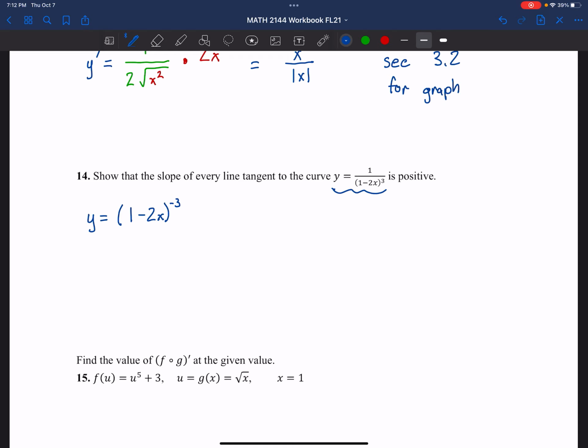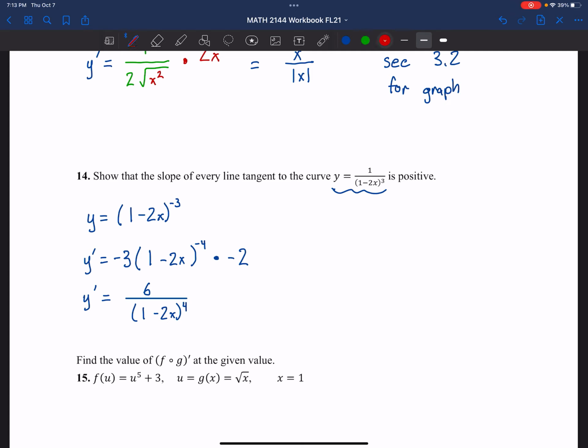So now, again, we could use the chain rule. The derivative of the outer, so the minus 3, comes down in front, times minus 2, that's 6. Now leave the inside alone, which is 1 minus 2x, and multiply it by the derivative of the inside, which is 0 minus 2, or just minus 2. So this is ultimately going to give us y prime equals 6 over (1 minus 2x) to the 4th.